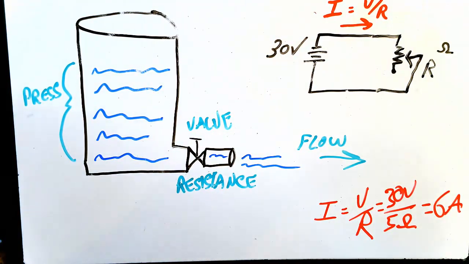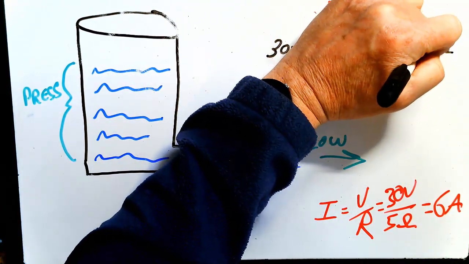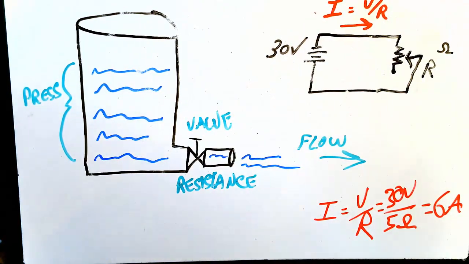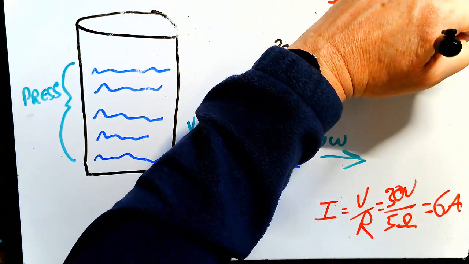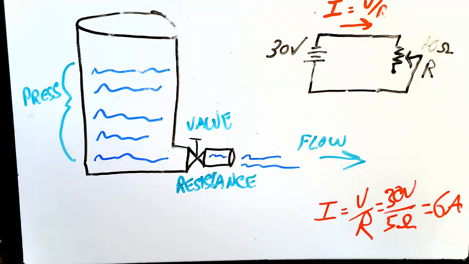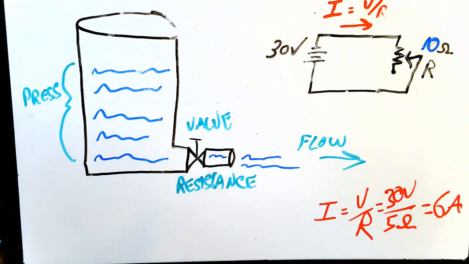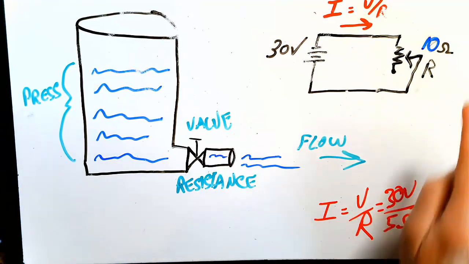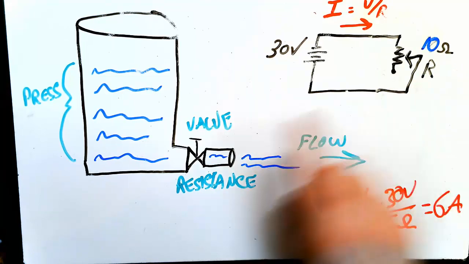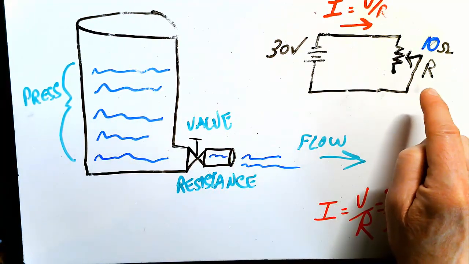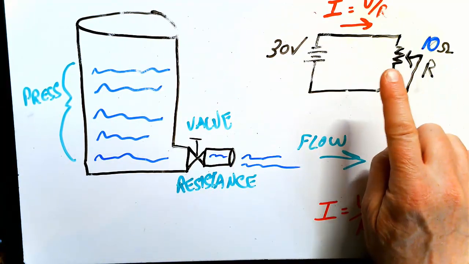If we increase the resistance, let's say we doubled it to 10 ohms, we still got that relationship that we had over here. As the resistance increases, the flow is going to decrease.